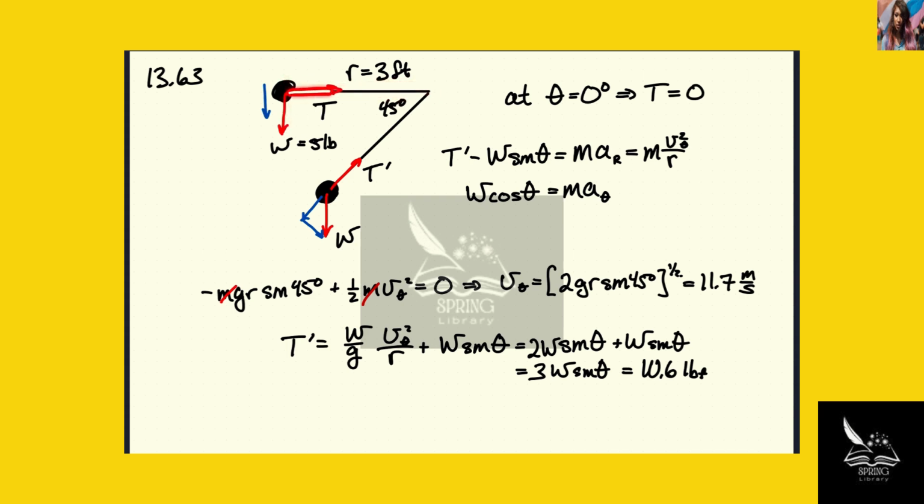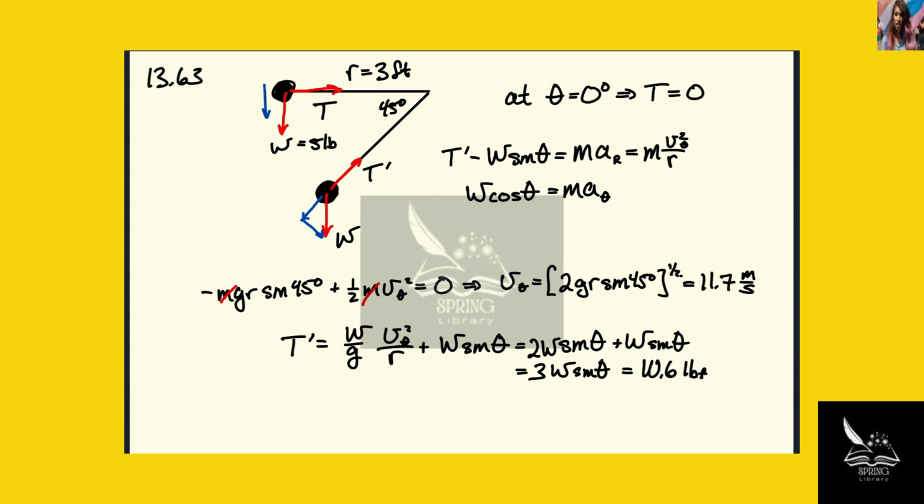That means there's no acceleration in the horizontal direction, which means that the force has to be 0. So F equals ma in this horizontal direction says that T is 0. We could also figure out what the acceleration is, and that's just going to be g at that point, right?